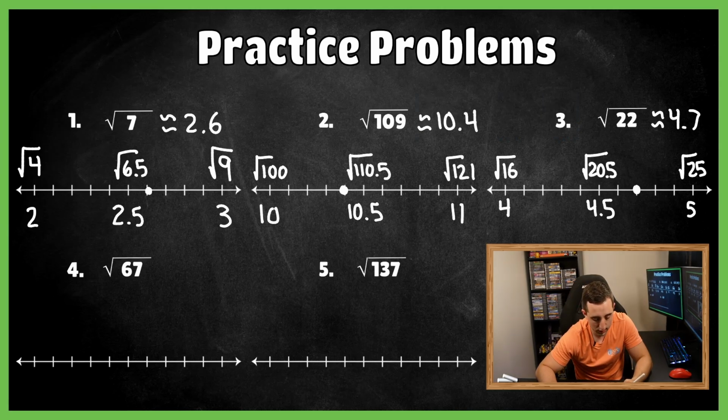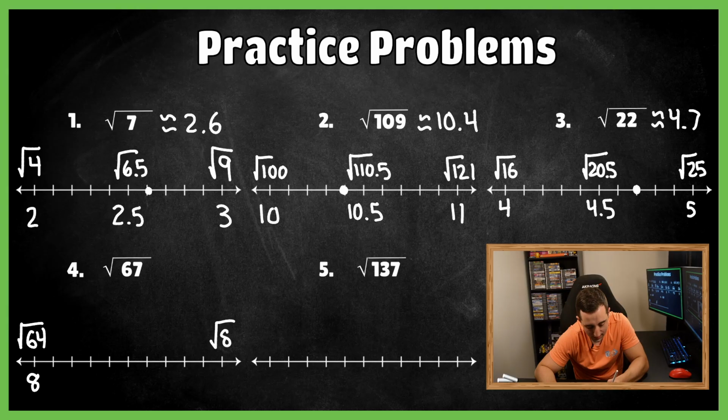We have the square root of 67. So that is between the 2 perfect squares of 64, which gives 8, and 81, which gives 9. And now let's go ahead and find our midpoint, which is 8.5. That's going to be the square root of 72.5.